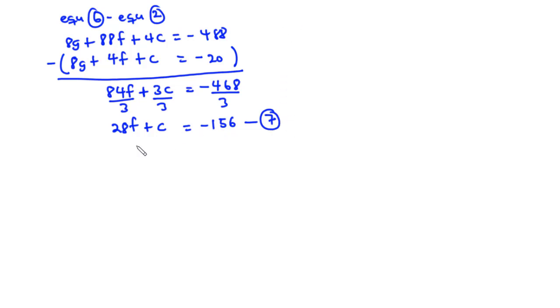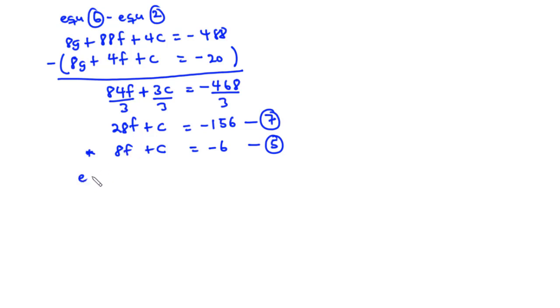Now you remember that from equation 5, we had 8F plus C equals negative 6. Since the coefficient of C is the same in both equations, we can subtract one equation from the other.